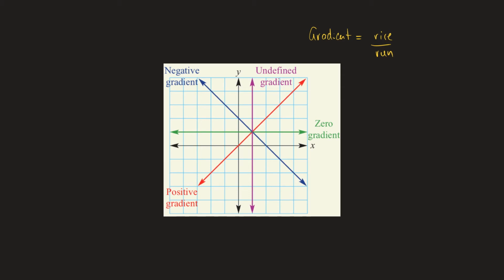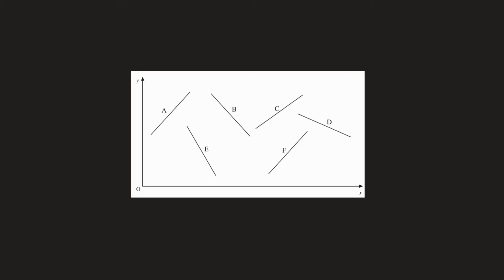Now we'll look at a couple of questions. With these, what you need to do is try and identify the positive gradients and the negative gradients. So, positive gradient and then negative gradient.